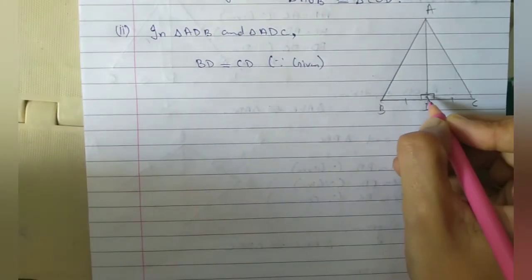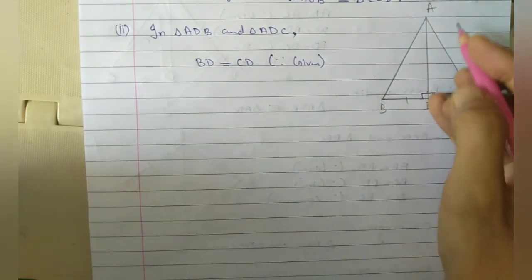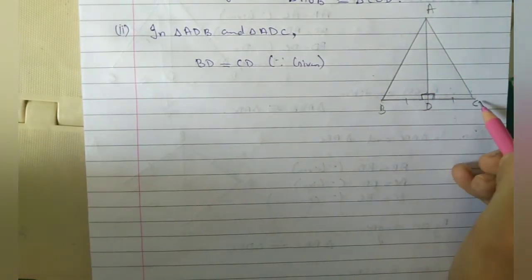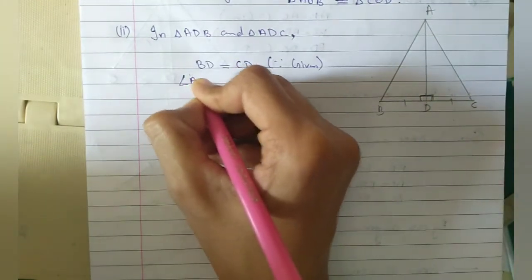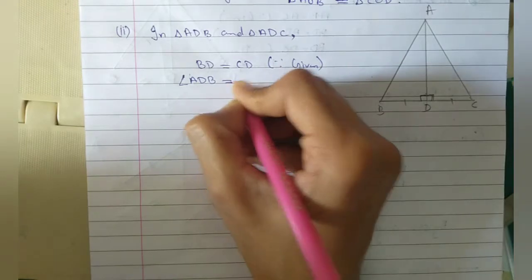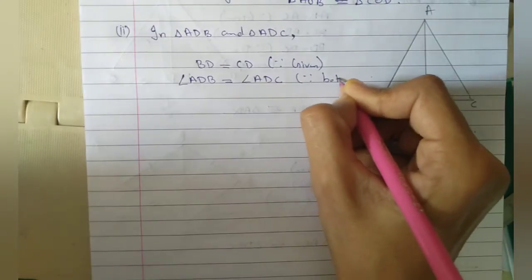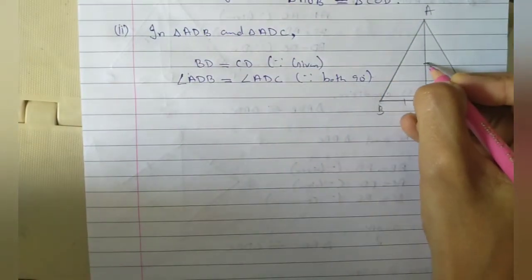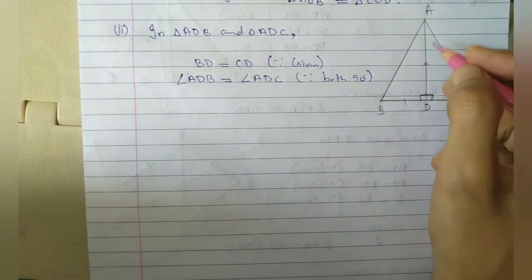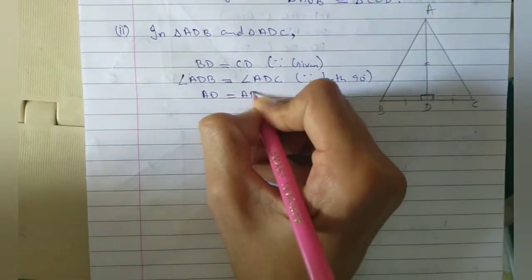Okay, another we had given 90 degree, that angle ADB is equal to angle ADC. Why? Because it is 90 degree. So angle ADB equal to angle ADC, both 90 degree. Then this side is same because AD is common in both the triangles.